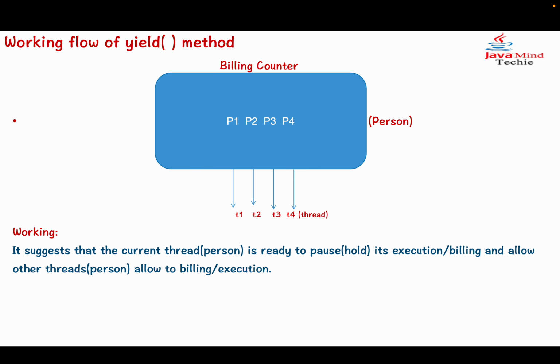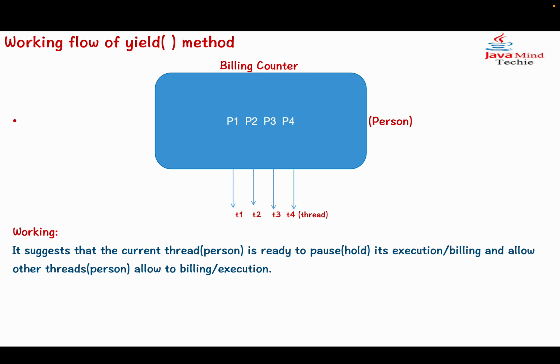Also keep one thing in mind: the person who is doing the billing at the billing counter is just like the thread scheduler. What the thread scheduler does in our multi-threading, that person behaves the same way. Sometimes the person doing the bill may allow, or may not allow.